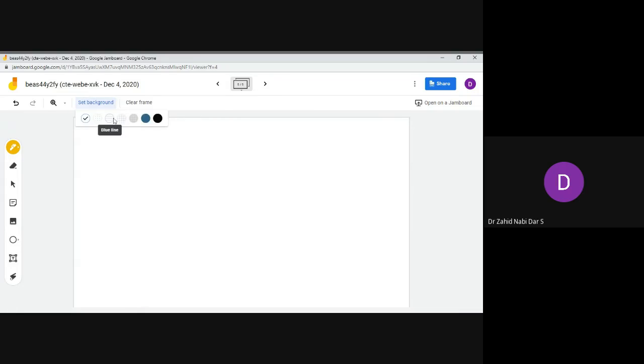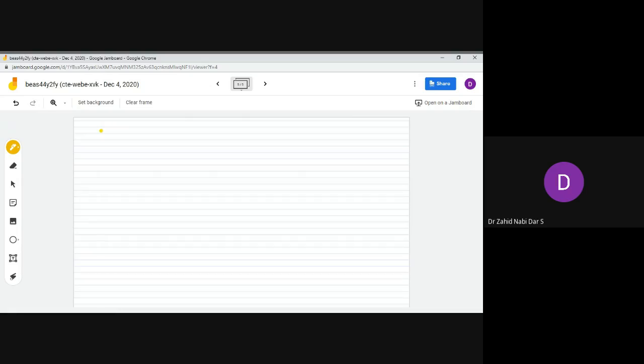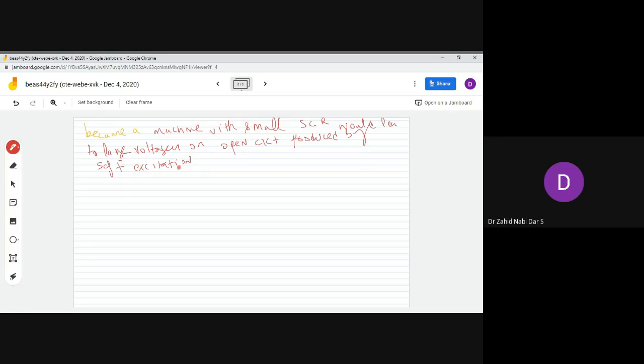What happens? The thing is, because a machine with small SCR would lead to large voltages on open circuit produced by self excitation, owing to large capacitive currents.